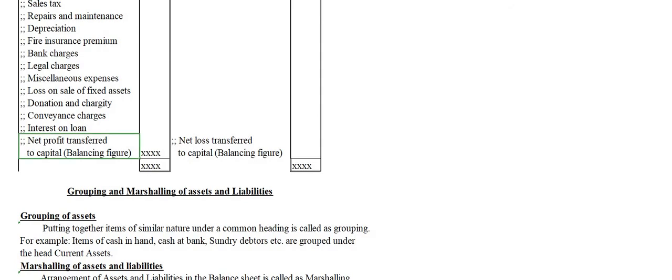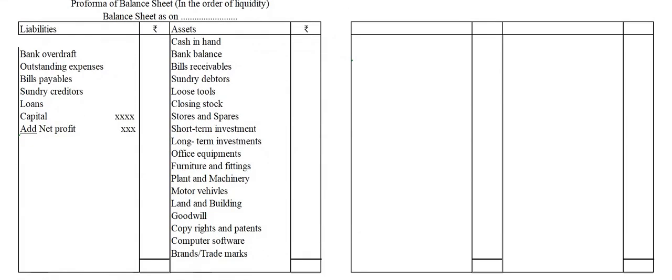So if it is net profit, it will be added to capital, and if it is net loss, it will be deducted from capital. Here it is net profit, so we are adding it, then we will also add interest on capital. Then we can write the total in the inner column itself, so that we can deduct any items to be deducted.